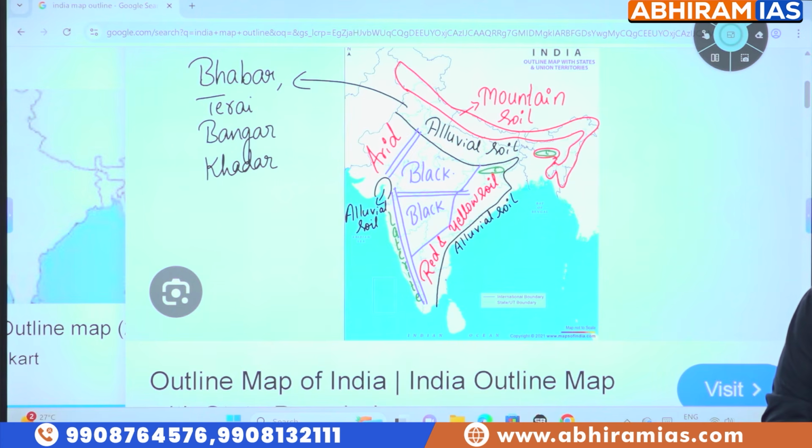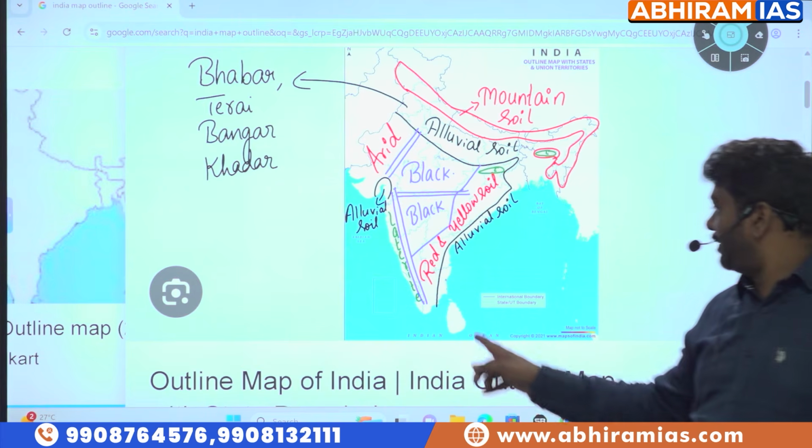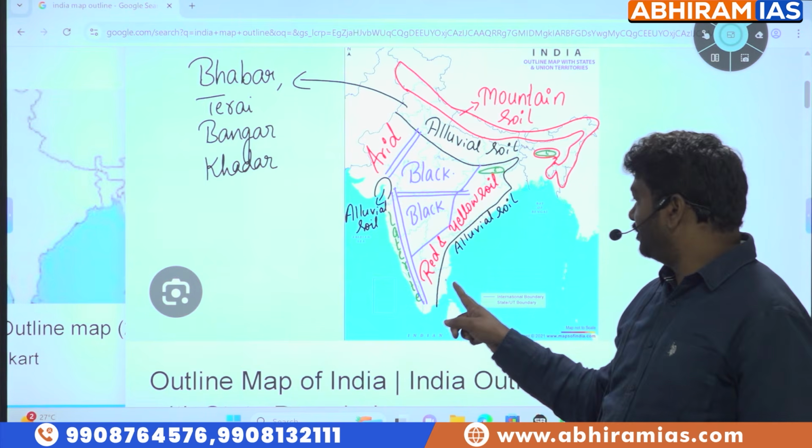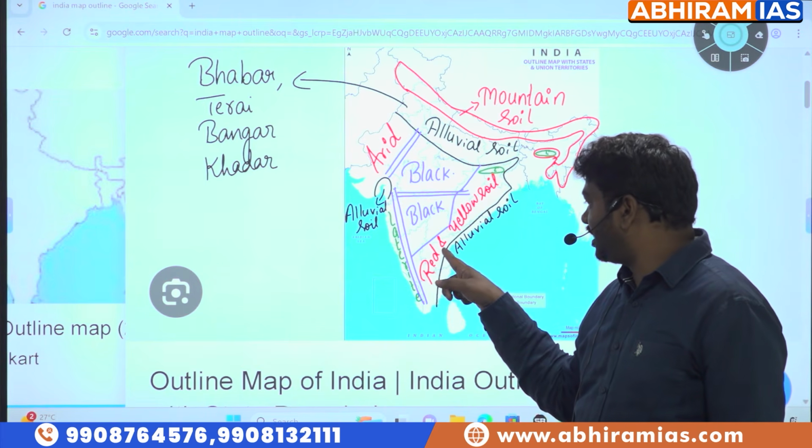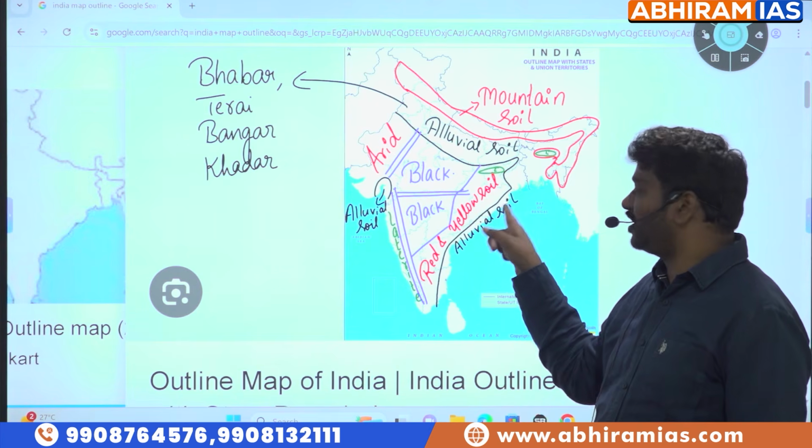Try once. Himalayas, which one? Mountain soils. Great Plains, East Coast, alluvial. West Coast, laterite. Above Vindhyas, below Vindhyas, black soil. Western side of Rajasthan, arid soil. Remaining parts of India, that is Tamil Nadu, Karnataka, Andhra, Telangana, Chota Nagpur Plateau.